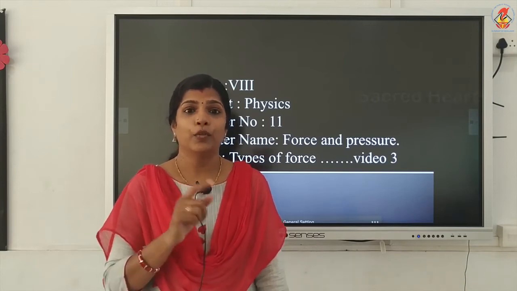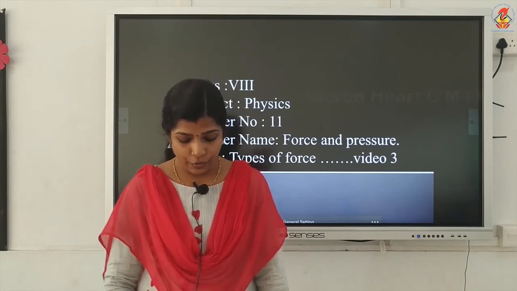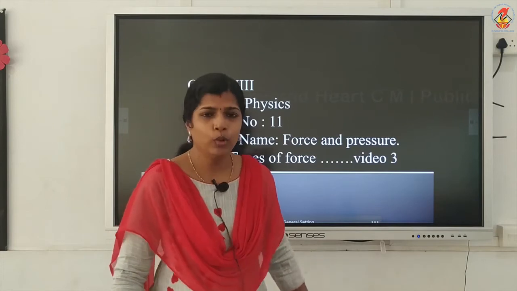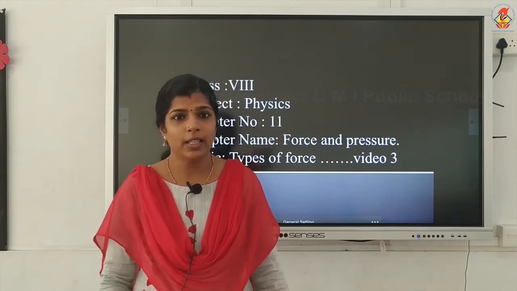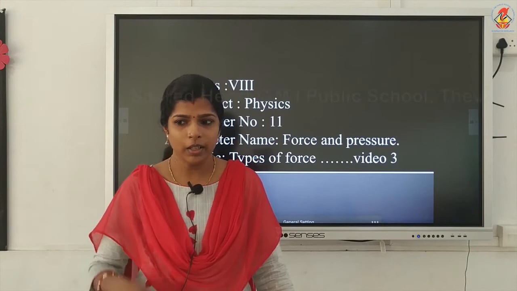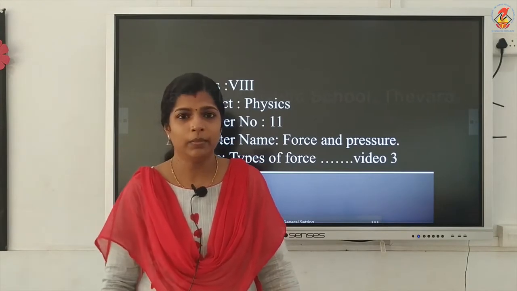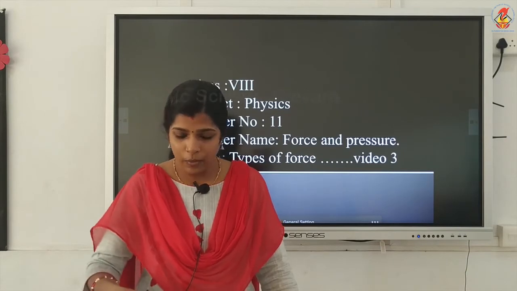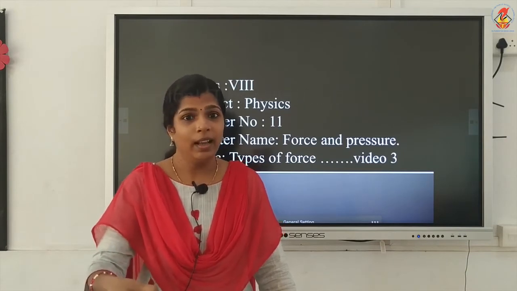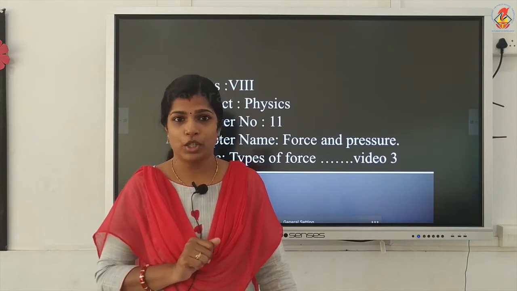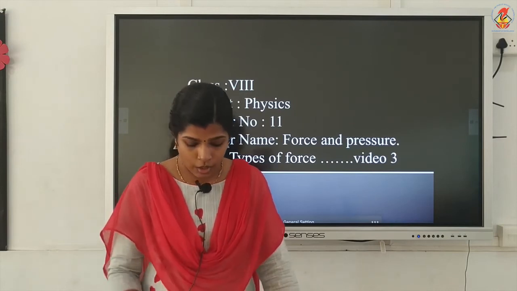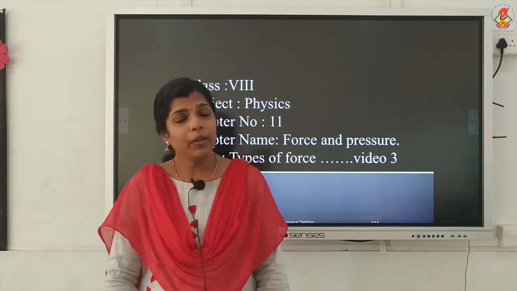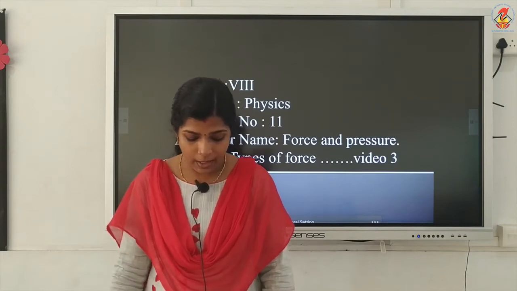Next one is frictional force. What will happen when you stop paddling a cycle? Will it stop at the same time? No, isn't it? It will move a little and then stop.